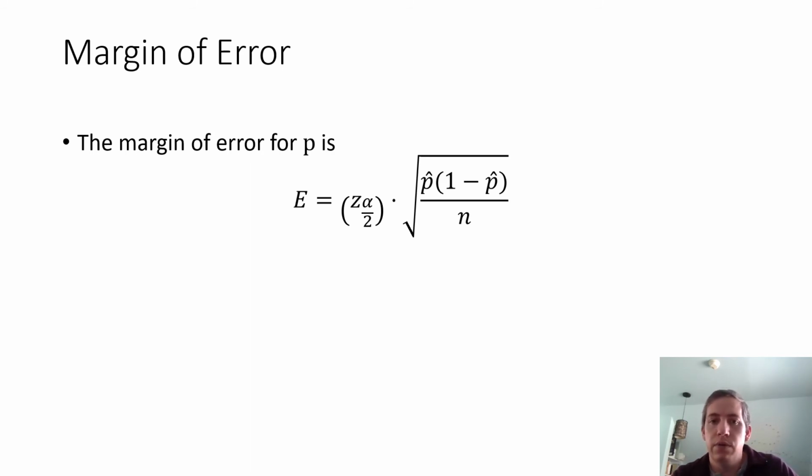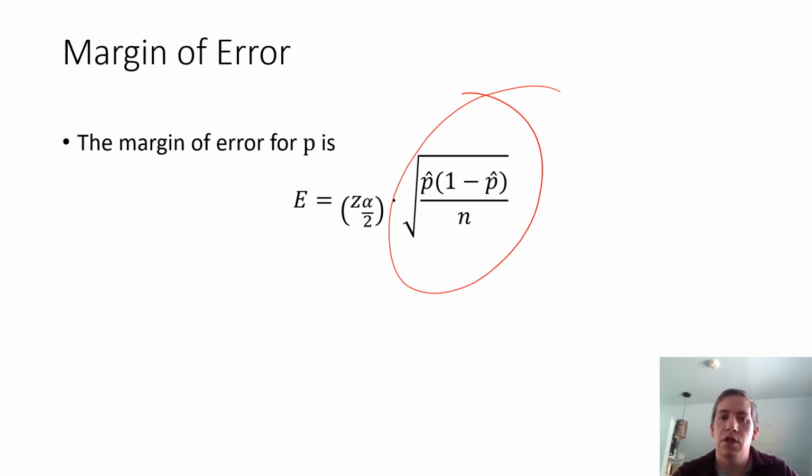So we're going to take a sample, we're going to get a proportion. With that proportion, we're going to plug this in for the standard deviation of the distribution, which would be this part. We're going to multiply by the z alpha over 2 based on our level of confidence, which comes from the same critical z-score table. Once we do that, that gives us our margin of error, and we do the same exact game that we did for the sample means.